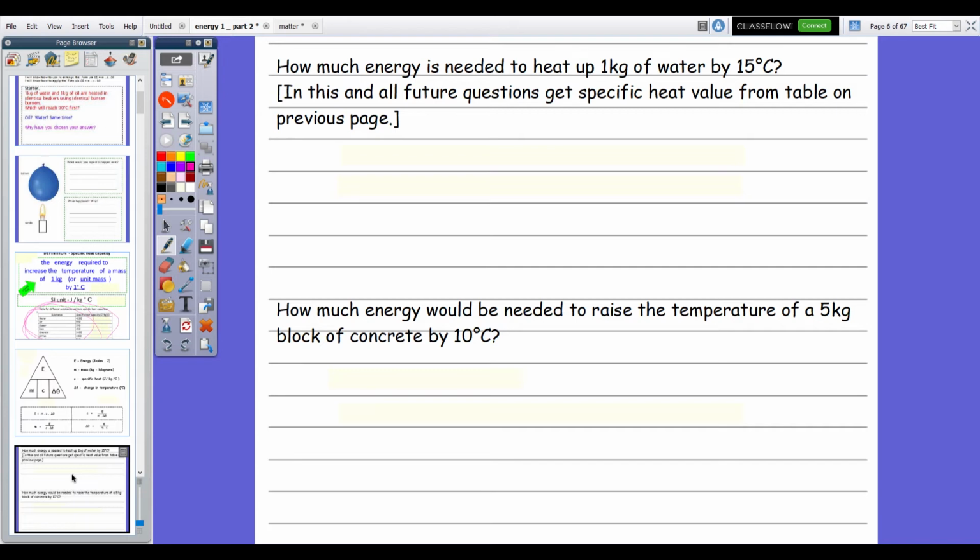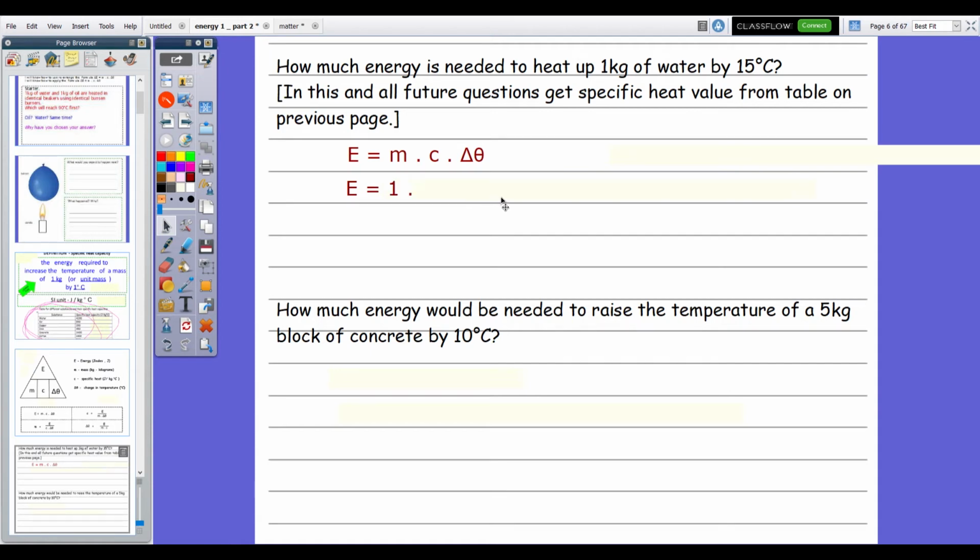How much energy is needed to heat up 1 kilogram of water by 15 degrees C? Okay, well, let's start off. Formula. There's only one formula you need for this one. It's E equals mc delta theta. Let's put the numbers in. E equals m. What's the mass? 1 kilogram.